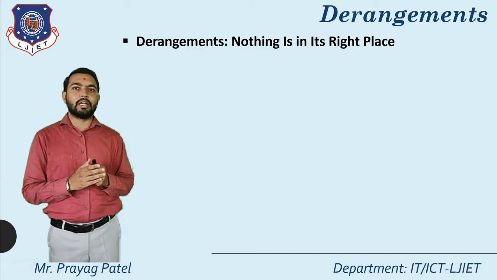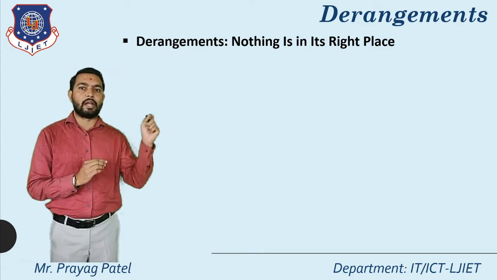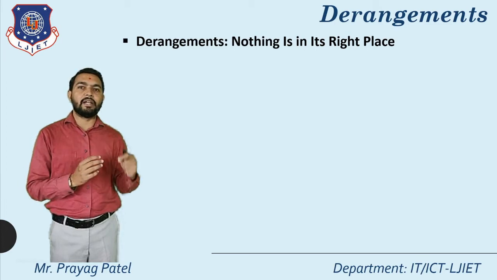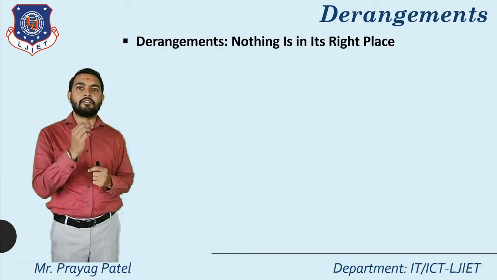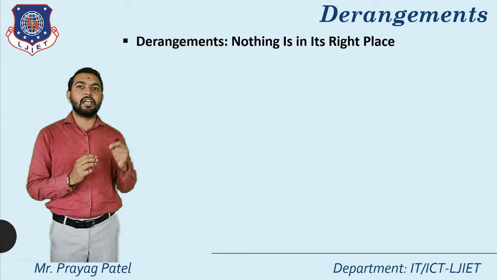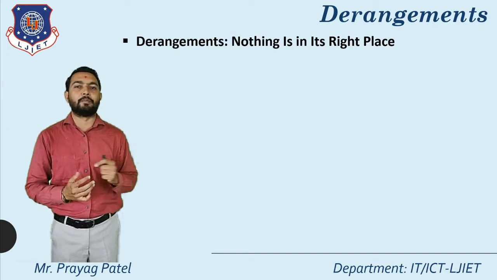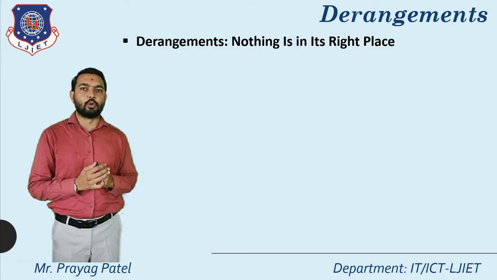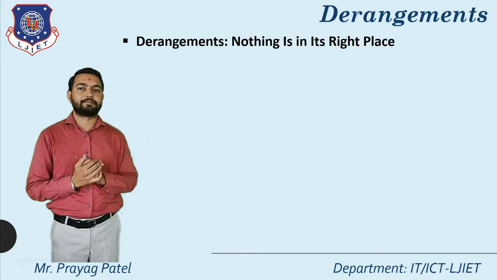That means, for example, if we have three numbers 1, 2 and 3, we arrange these three numbers in different ways, but our condition is that nothing is in its right place. That means the first position is for 1, the second position for 2 and the third position for 3.